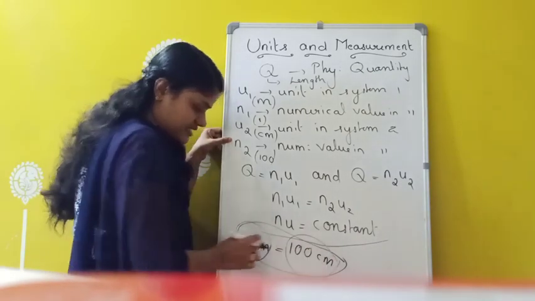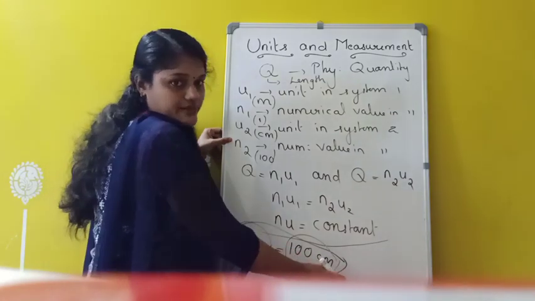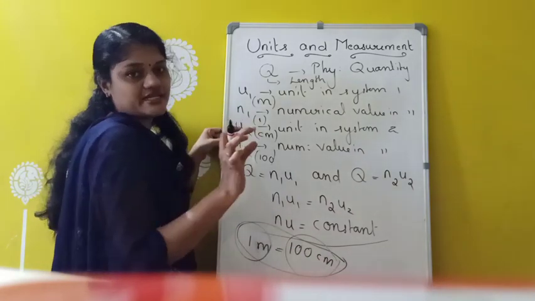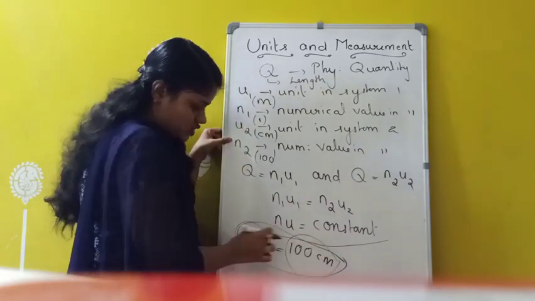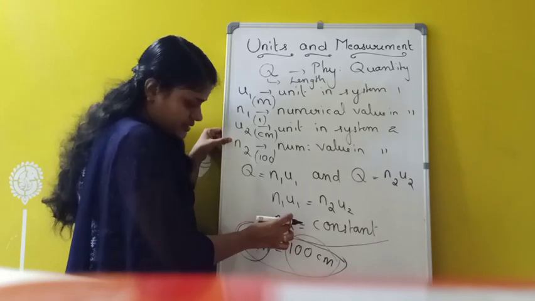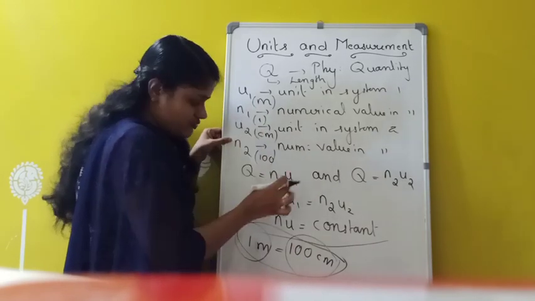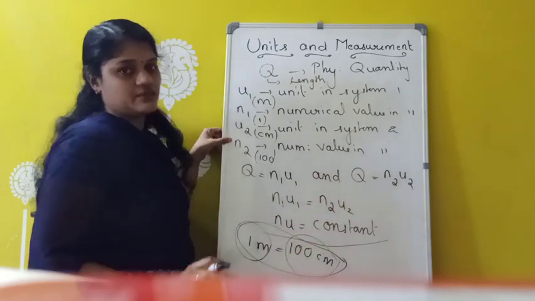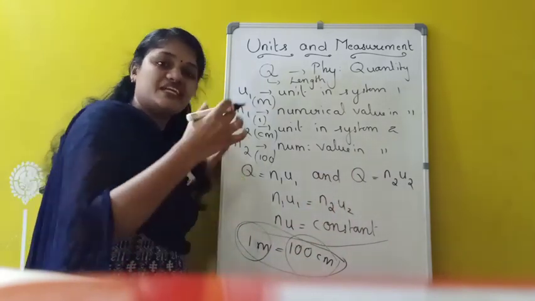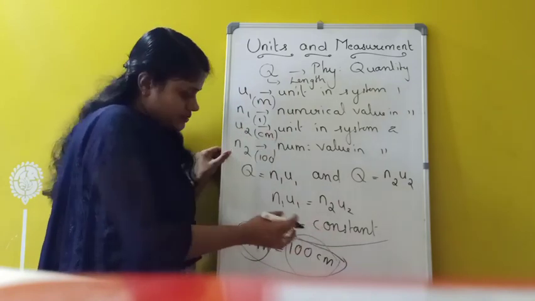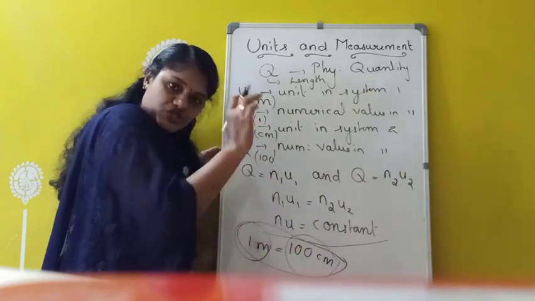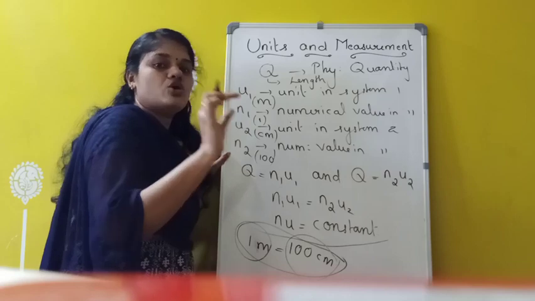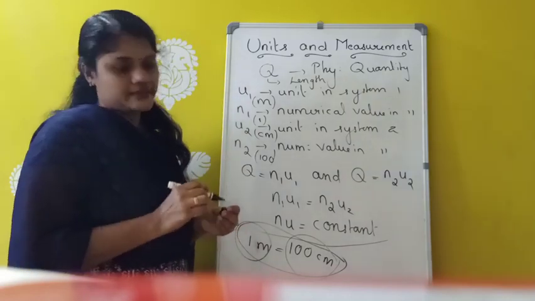That is, 1 meter must be equivalent to 100 centimeters. That means N into U always remains constant, but the unit as well as the numerical value will change. The size of the unit will differ in different systems, but the total product of the numerical value and the unit will always remain constant. Clear?